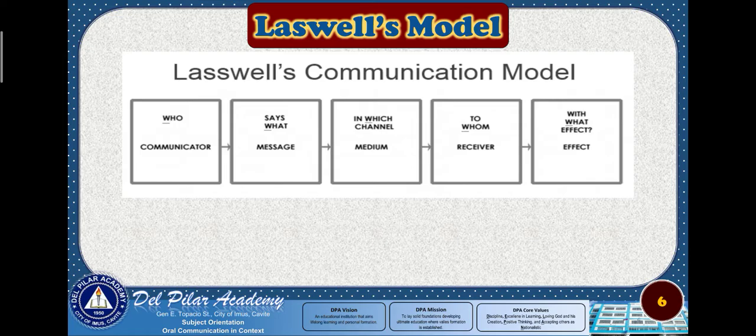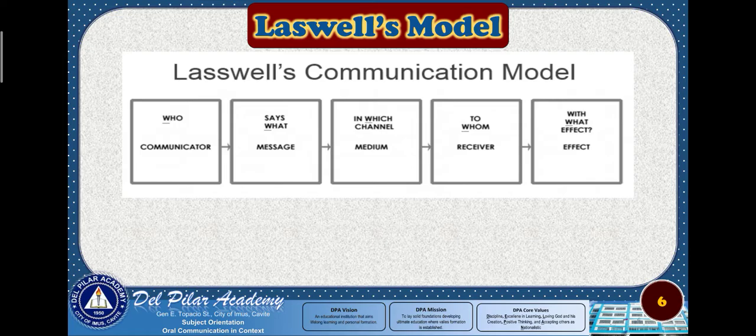The point is, in Laswell's idea, there must be an effect if communication takes place. Otherwise, communication breakdown happens. He is trying to say that if we have communicated, we have motivated or produced an effect in the receiver.